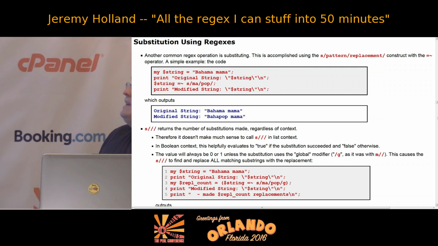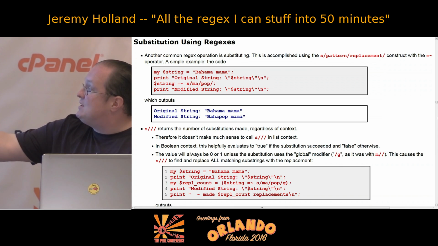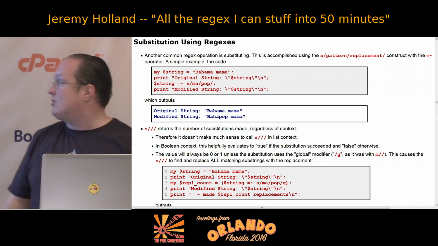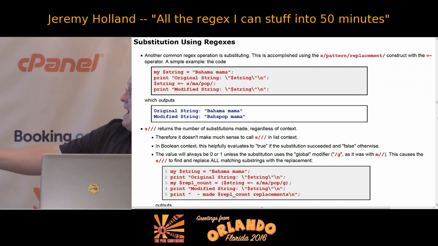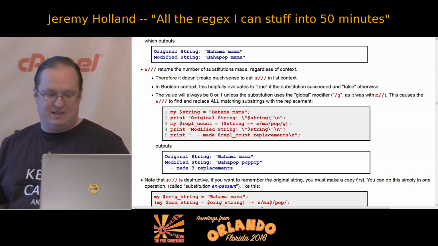It will always be either 0 or 1 because it only does one substitution unless you use the global modifier, spelled the same as the global modifier for progressive match, which now, if you do the exact same substitution, Ma for Pop, but with a G, it will replace all of them and tell you it made 3 replacements.